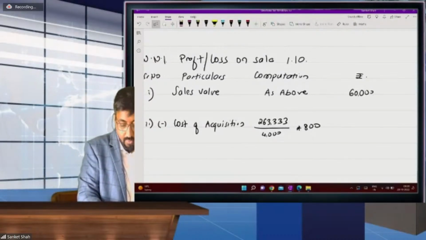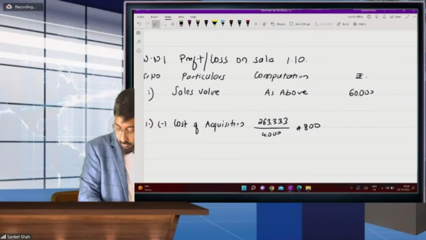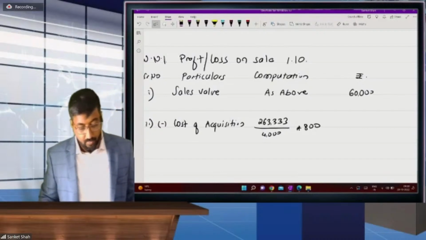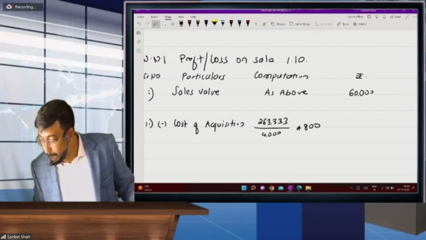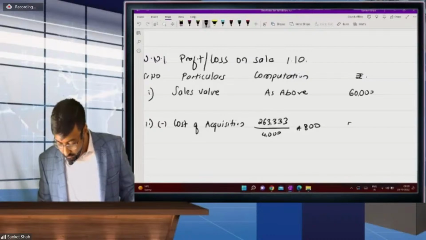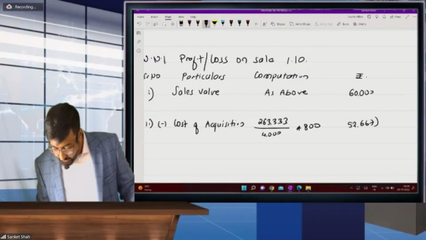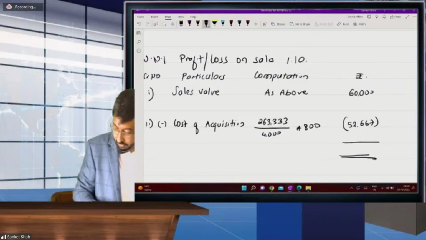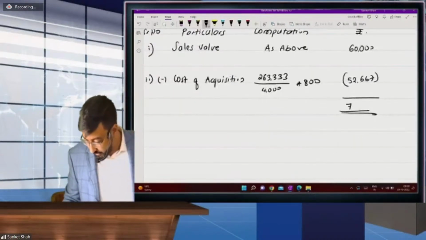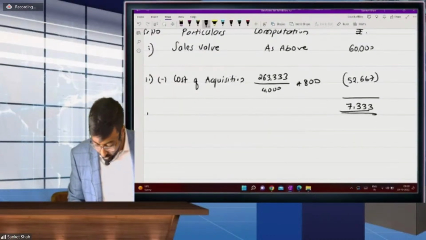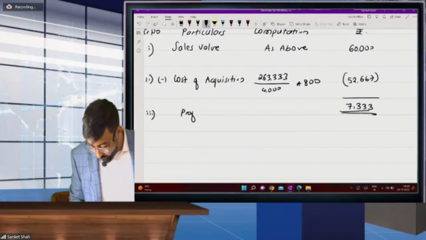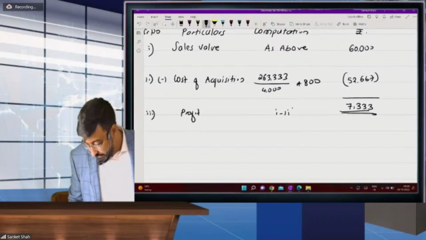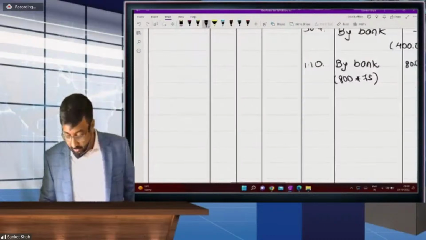You can write numbers or you can write face value. 52,667. Therefore, profit is 7,333. Roman 3. Profit: 1 minus 2. 7,333.